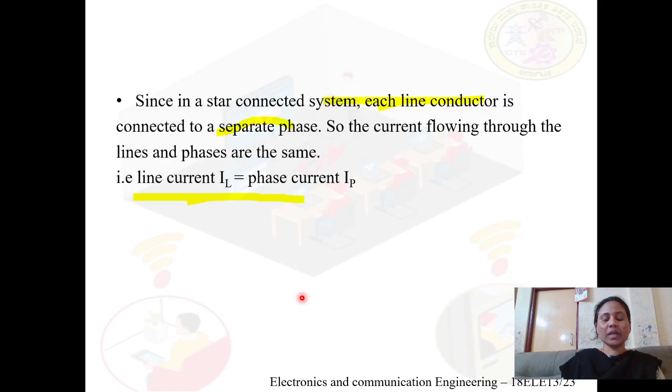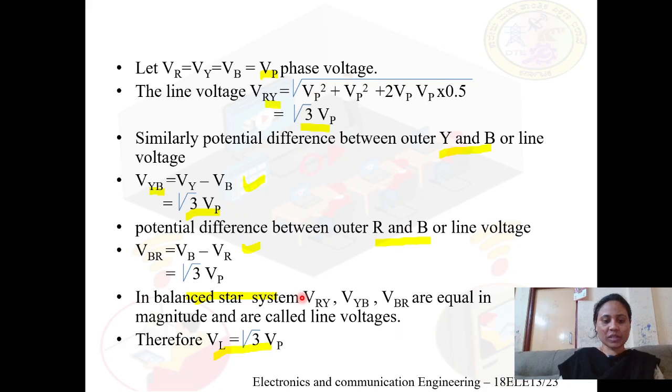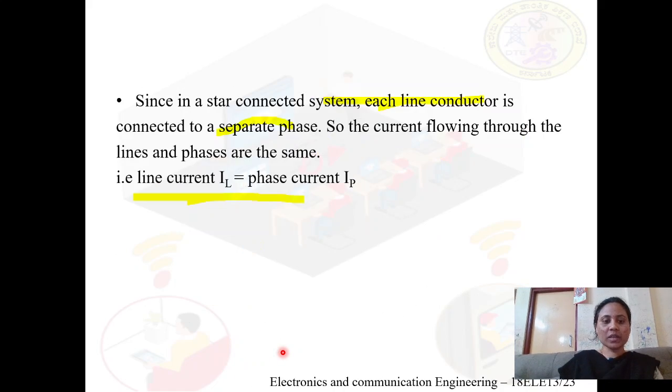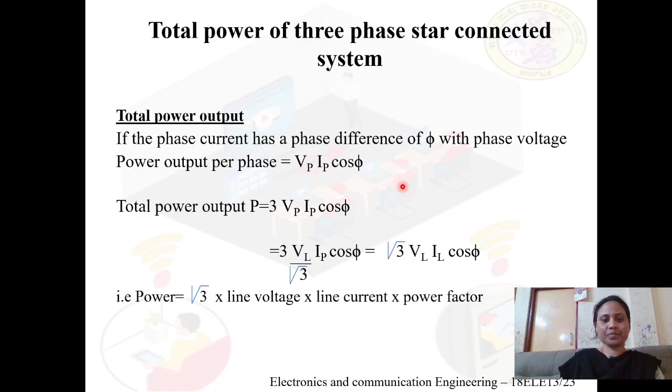I repeat, in a balanced star-connected three-phase system, line voltage is equal to root 3 times phase voltage and line current is equal to phase current. Now let us see the total power output of the three-phase star-connected system.